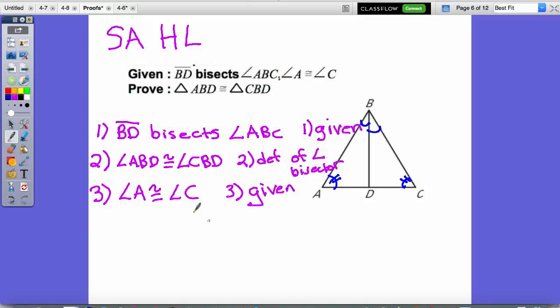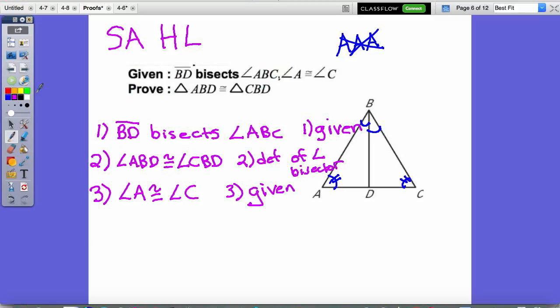C. And so now I have two congruent angles. I know that if I find another congruent angle, that doesn't help me because angle, angle, angle is not one of my congruence theorems. We'll learn in chapter 6 more in depth why that doesn't work. So I'm going to look for a congruent side.